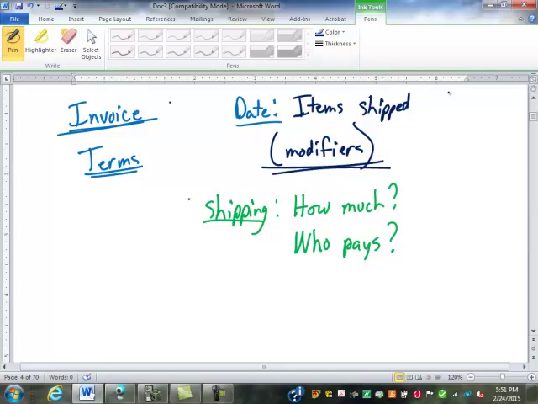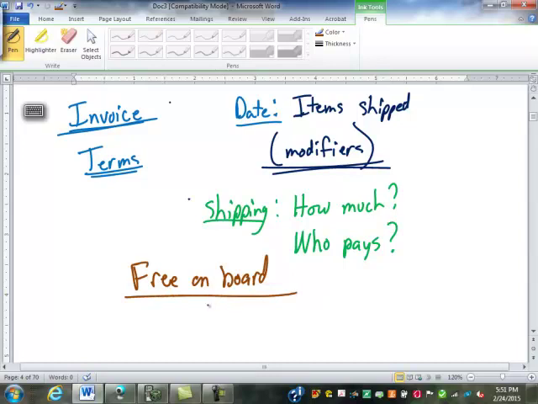In other cases, the buyer or the retailer is going to have to pay for the shipping. Keywords that get used here: free on board is the key phrase. Free on board describes who doesn't pay, where it's free.